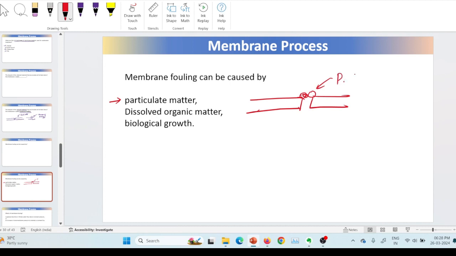Another is dissolved organic matter, which may cause a slimy, sticky layer to form and affect the working of the membrane. Biological growth also: if organic matter attaches over the membrane, biological growth may also happen. So this may cause membrane fouling.